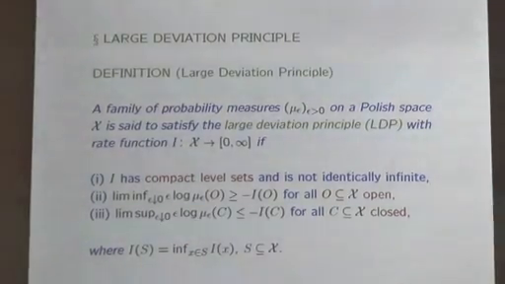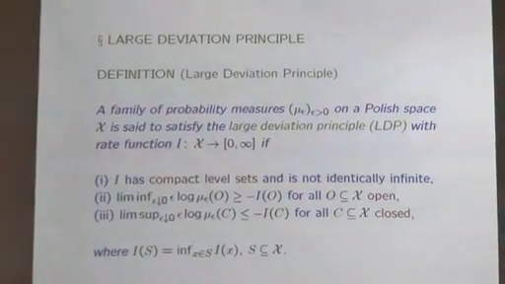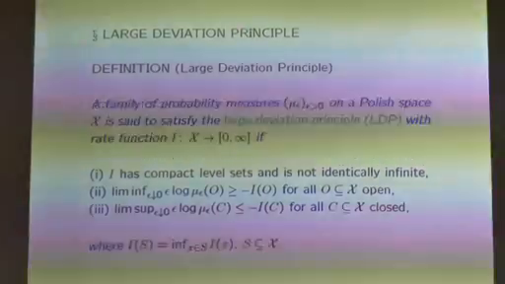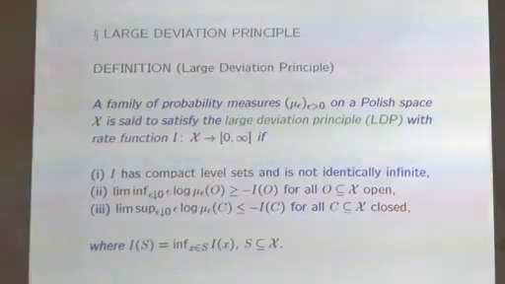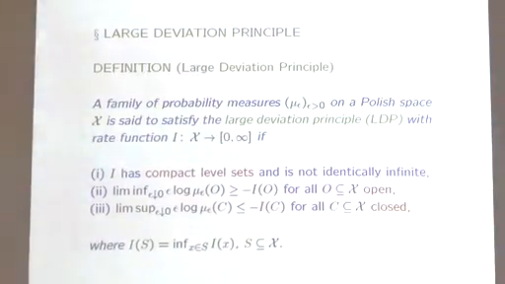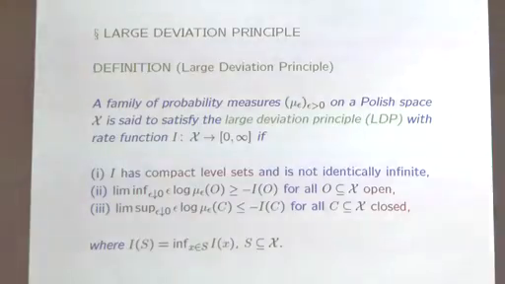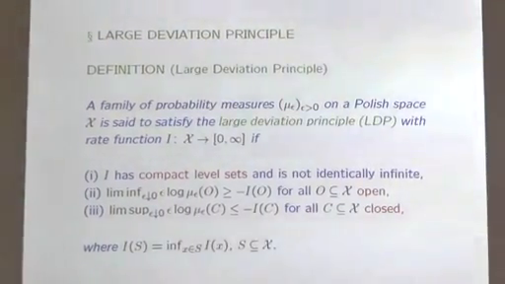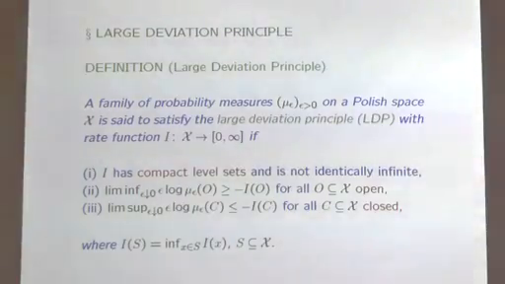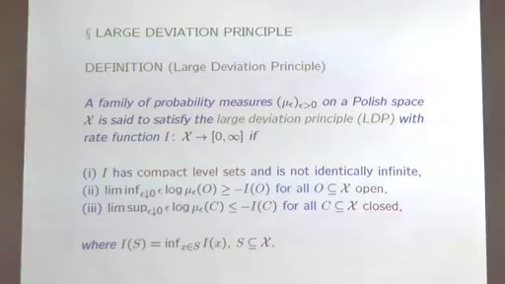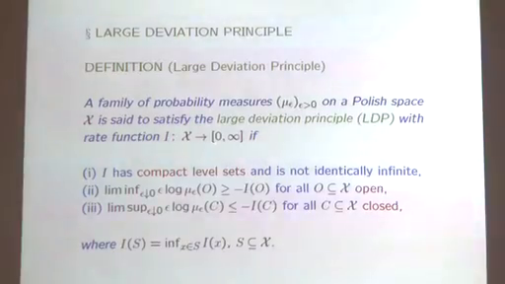And we want to state the large deviation principle when we have probability measures living on some Polish space. I'll say later something about more general spaces. So you say that the sequence of probability measures on this Polish space X satisfies a large deviation principle with a certain rate function, which would be a function living on this Polish space, if three things happen.